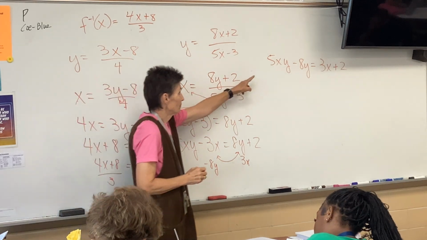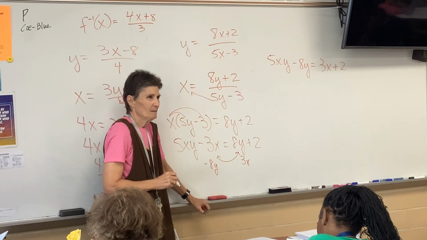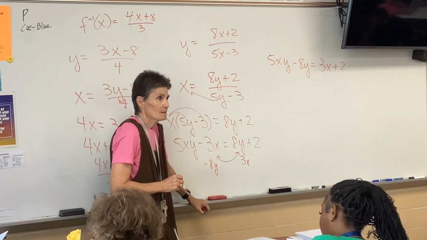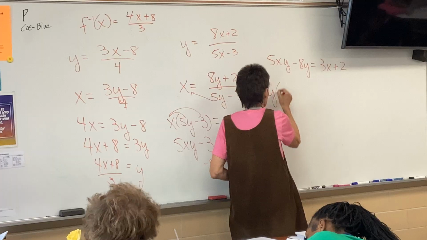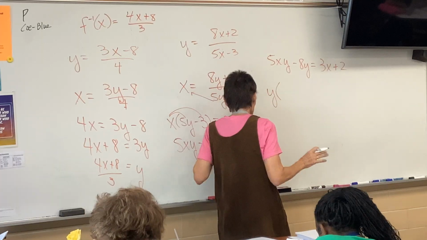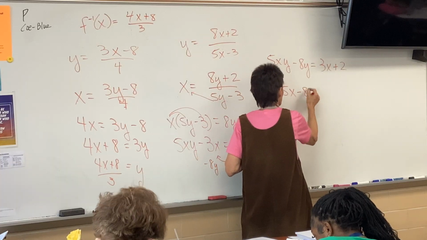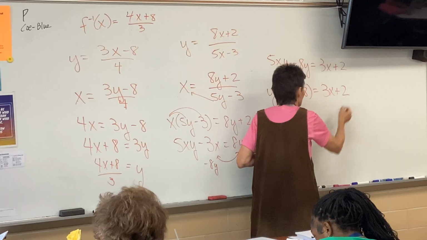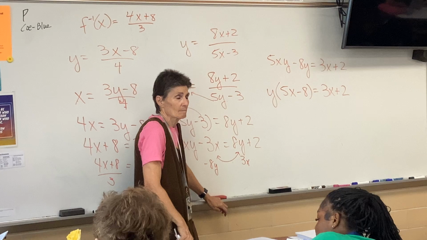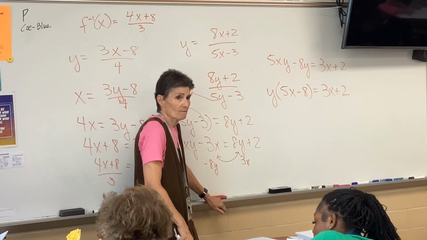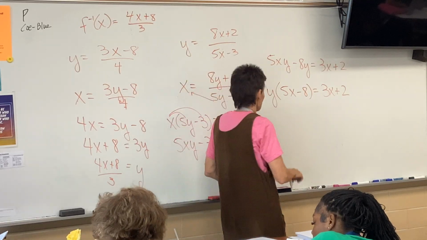Now what? What did I do that for? What did I move those things around for? So I could factor out my y. So out comes my y. And I'm only gonna bring out my y no matter what. y times (5x minus 8). And then what's our very last step? Divide by my parentheses.